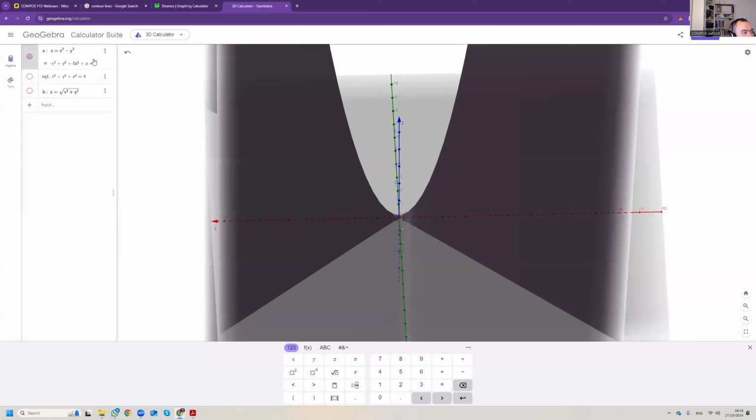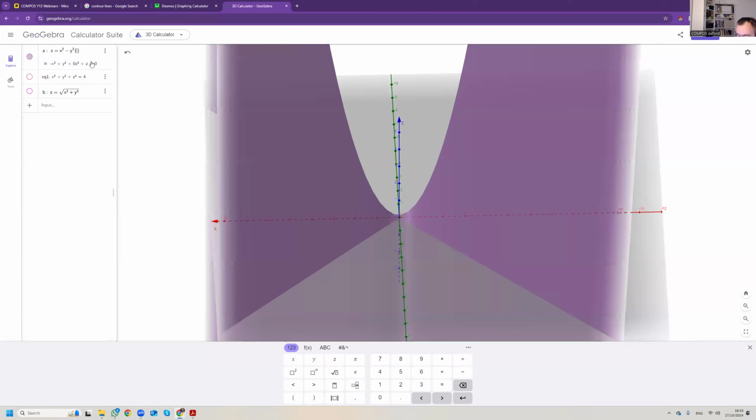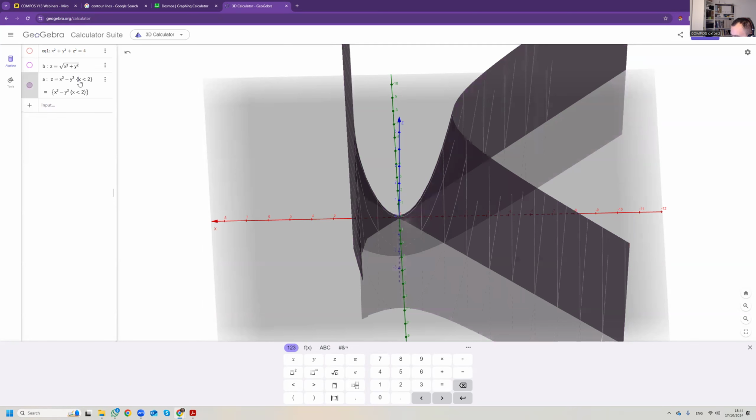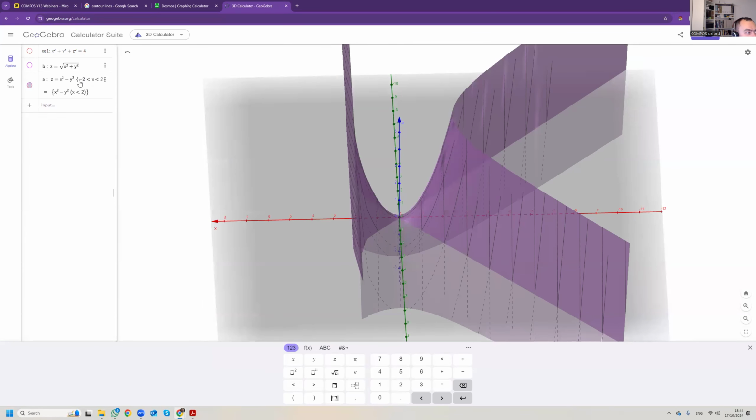Can we limit x? X is less than 2. Can we do that? Yes, we can. X is greater than minus 2.